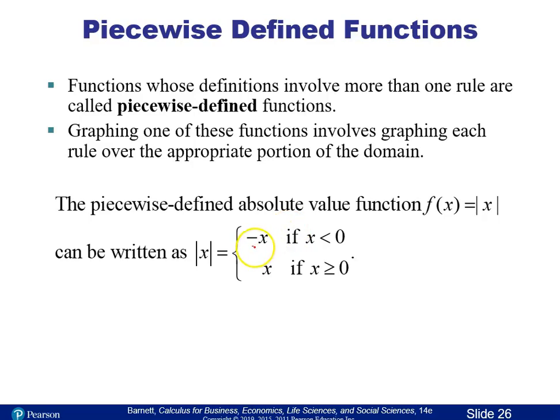So one piece would be here, and you only use that piece if my input value is, in this case, less than 0. Then I would use this one if my input value is greater than or equal to 0. So it all depends on the input value as to which piece you use, but you absolutely do not plug it into both. You have to choose which one is the appropriate one to use.